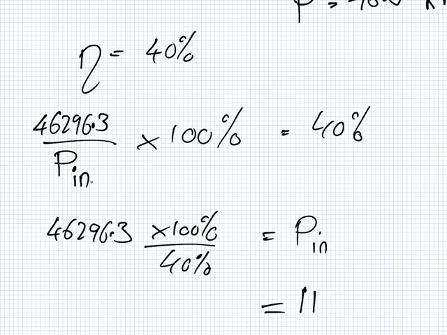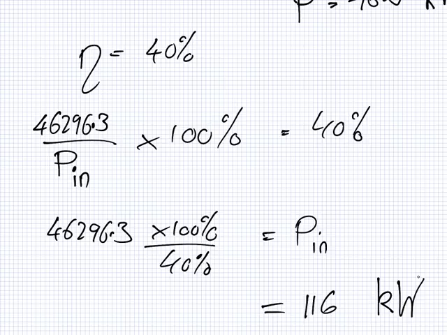Maybe I did something wrong. Let me check. I'm right, 116. If it's a bit different, it's because of rounding. Yeah, great. There it is. 116 kilowatts is the power from the engine.